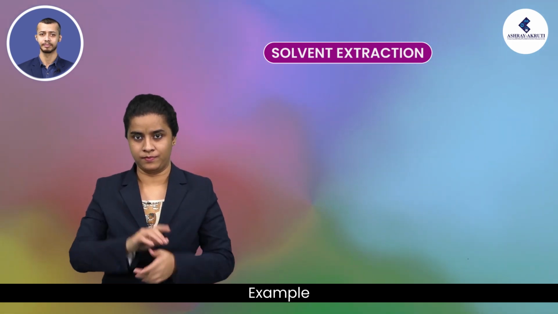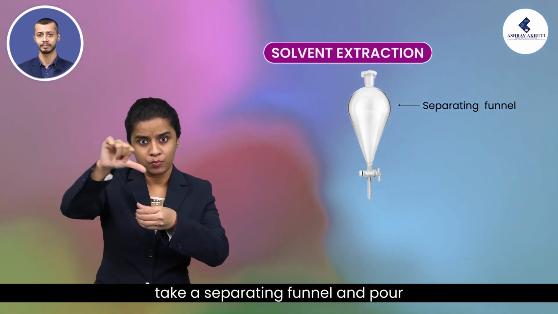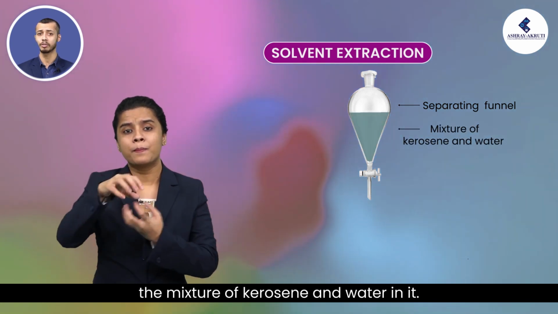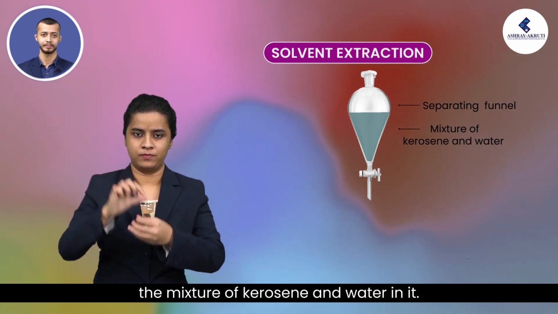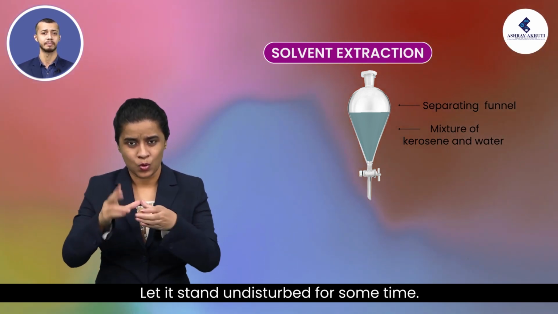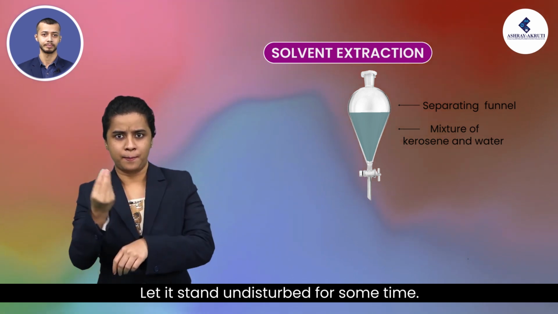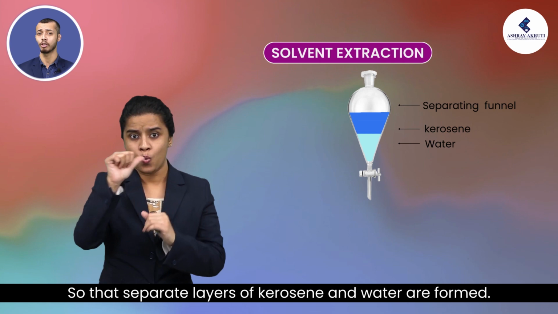Example: take a separating funnel and pour the mixture of kerosene and water in it. Let it stand undisturbed for some time so that separate layers of kerosene and water are formed.